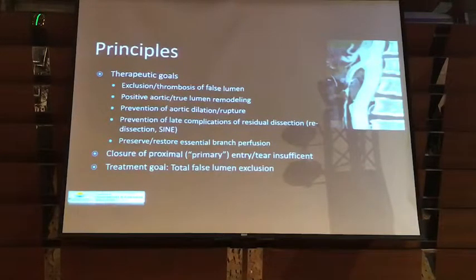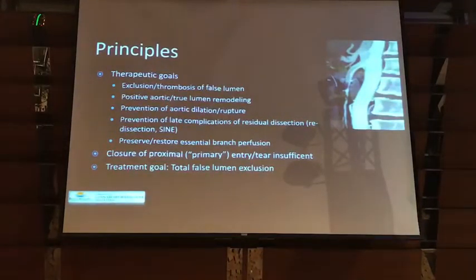The therapeutic goals are exclusion and thrombosis of the false lumen. I think everybody agrees with this. Positive remodeling, prevention of ultimate dilation and the real complication of rupture. Prevention of late complications, residual dissections such as redissections, which can also occur, and SINE, as well as preservation and restoration of essential branch perfusion in cases of malperfusion syndromes.